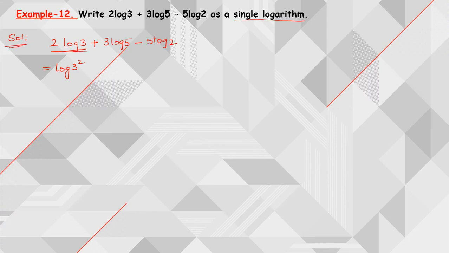So log of 3 square plus, here also I can write log of 5 cube, minus 5 log 2, which I can write as log of 2 power 5. Now log of 3 square means log 9, plus log of 5 cube means logarithm of 125, minus log of 2 power 5 means log 32.